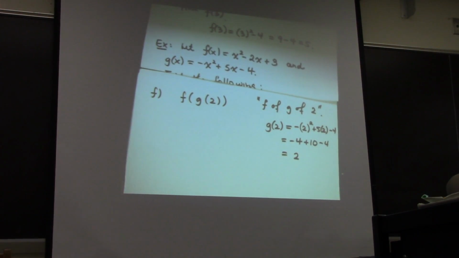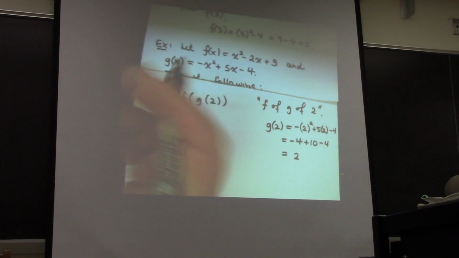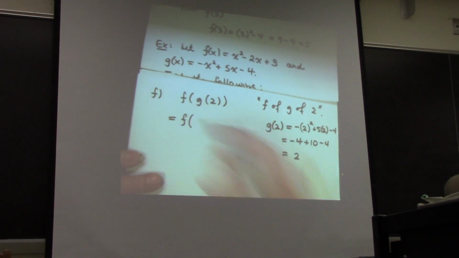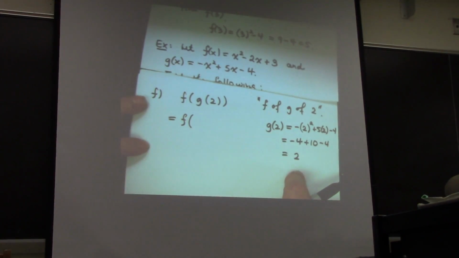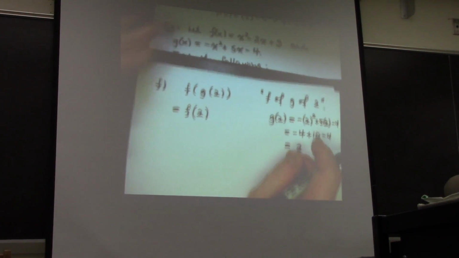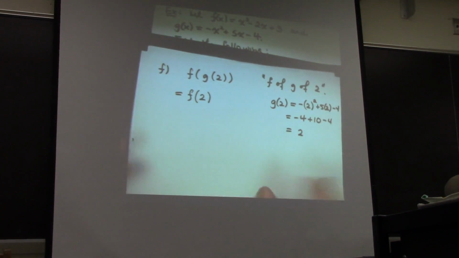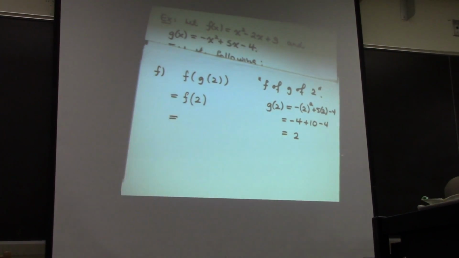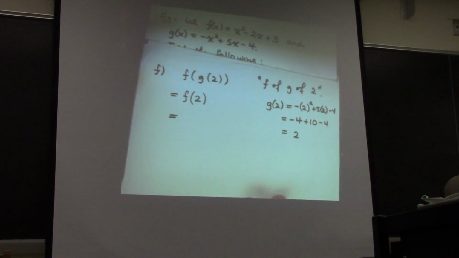Sorry about that. Oh, I changed my problem. That's what we get. All right, so g of 2 happens to also be 2. Didn't really mean for that to happen, but anyway. Okay, so now I need to find f of 2.